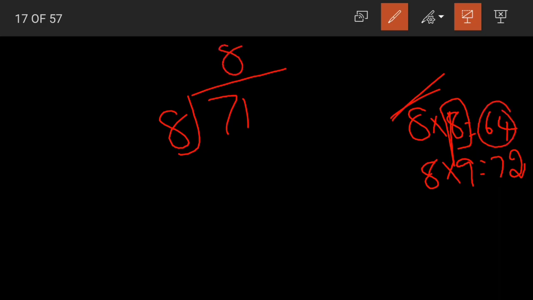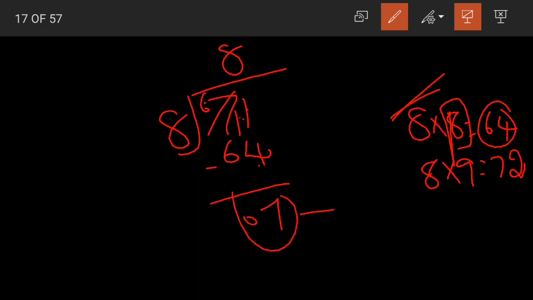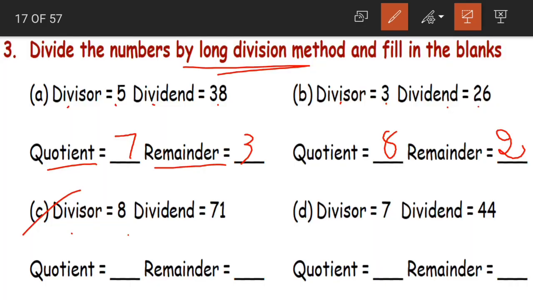So 8 becomes the quotient and the product 64 is written just below our dividend. Now how to subtract? 1 minus 4 is not possible, borrowing. 11 minus 4 becomes 7. 6 minus 6 becomes 0. So what is our final answer, children? 8 is the quotient and 7 is our remainder.